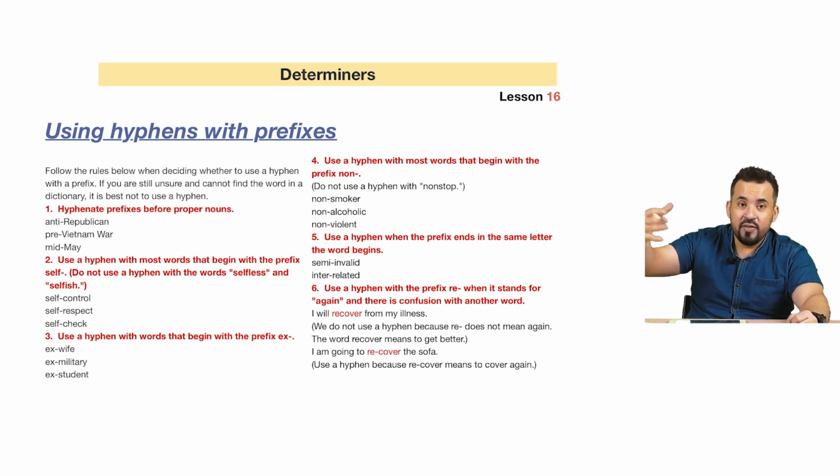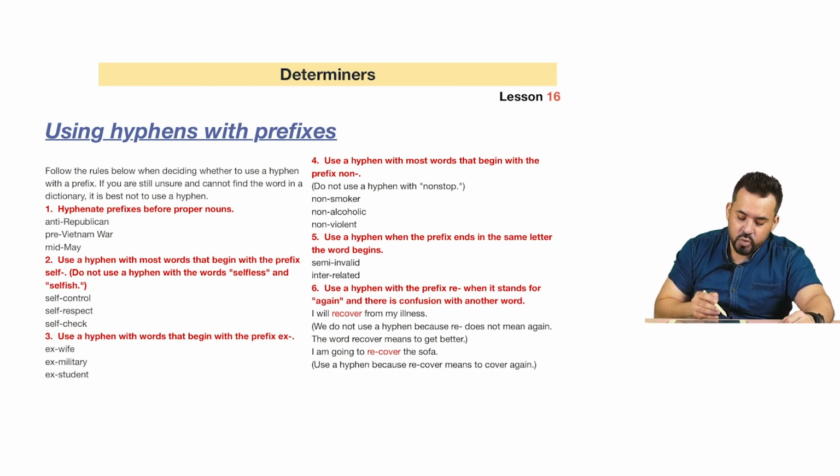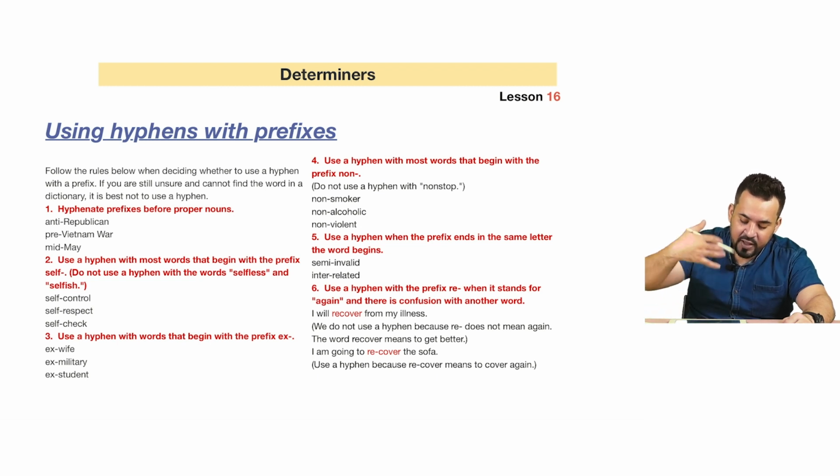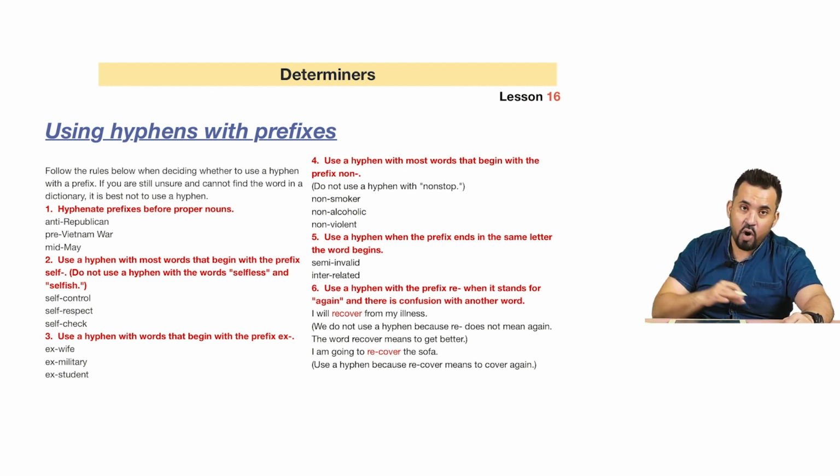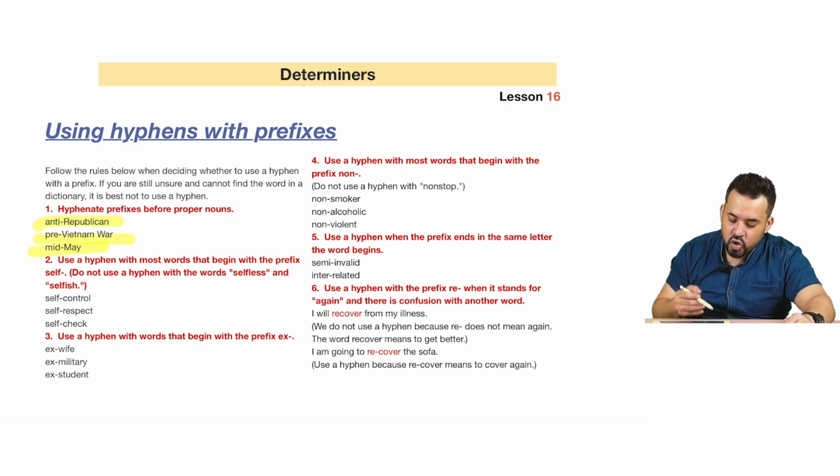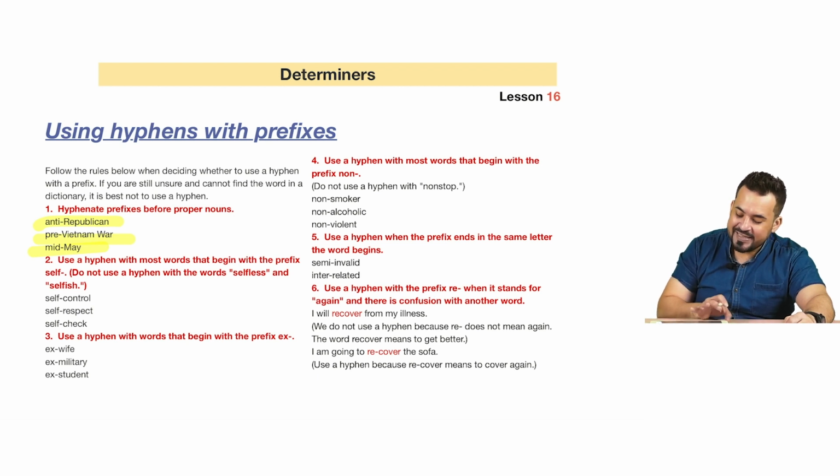The letters that come after the word are called a suffix. So we use a hyphen after the prefix of proper nouns, like anti-Republican, pre-Vietnam War, mid-May.